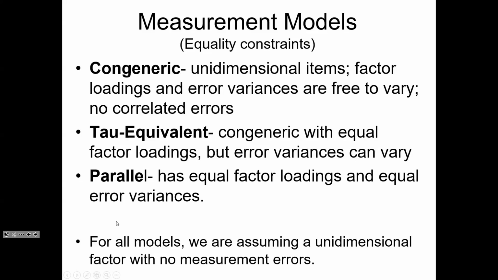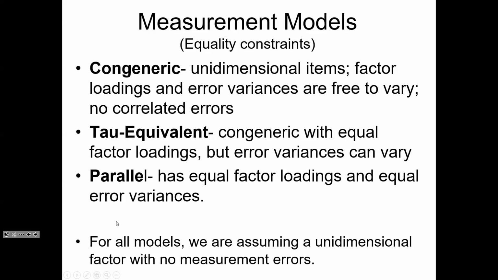But constraining the error variances to be equal says each of these items has the same amount of variability, which is a pretty stringent test.